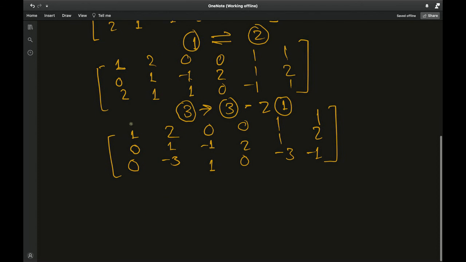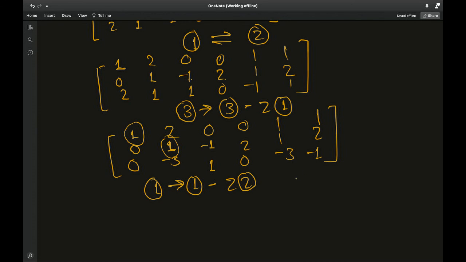Fine, we established a pivot here. Now let's move on to the next column. Well, we already have a pivot present in its proper position. We need to get rid of the 2 and the negative 3. So what I'm going to do is take row 1, change it to row 1 minus 2 times row 2.